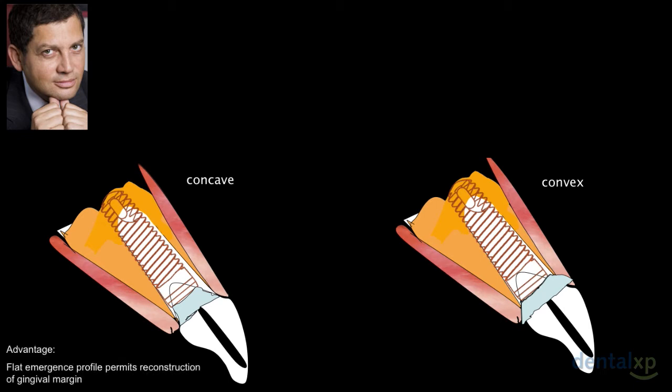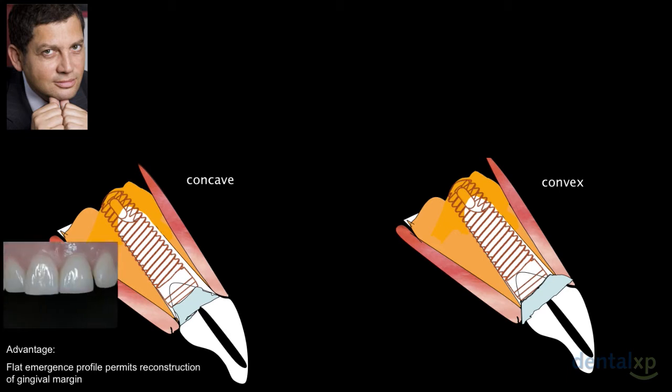The advantage of a concave emergence profile or a flat emergence profile also permits the reconstruction of the gingival margin, and also by having more thickness of the soft tissue can maintain the soft tissue level over time.